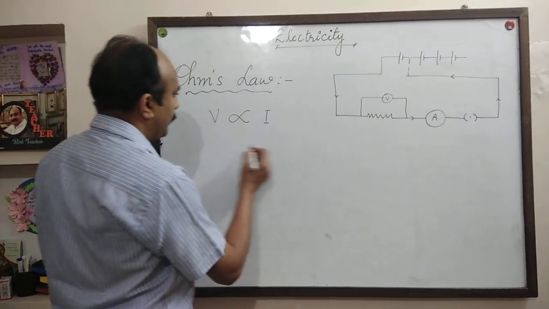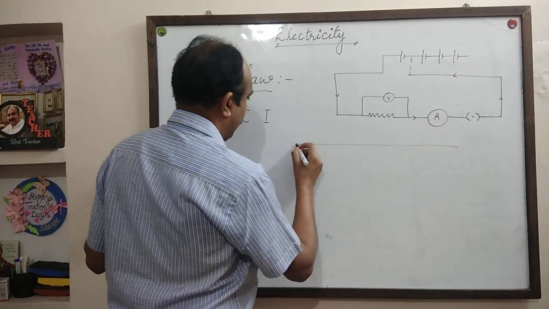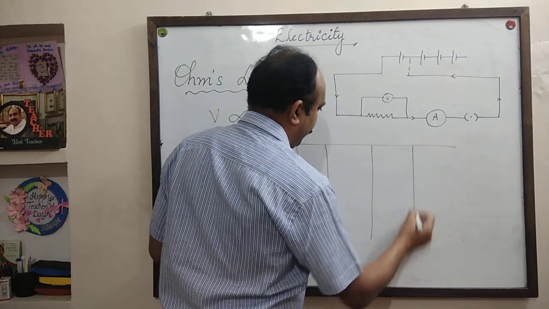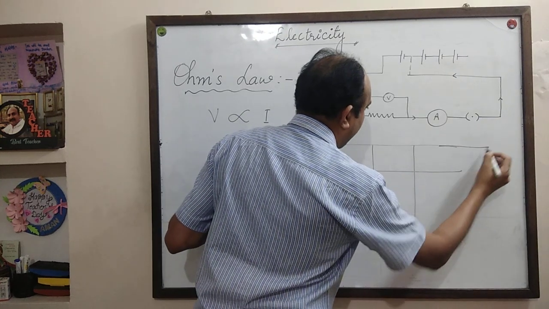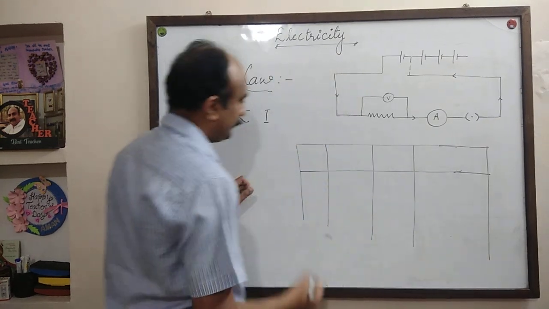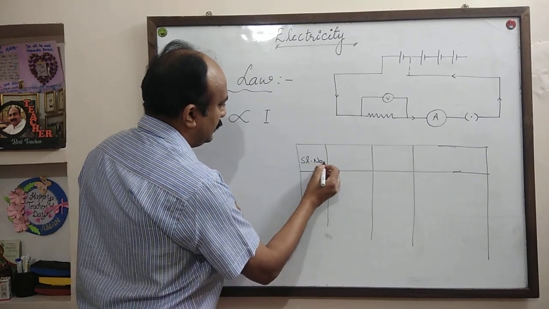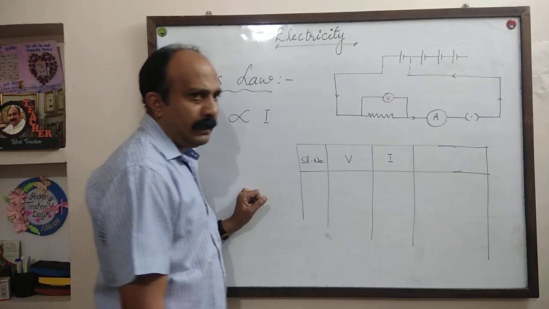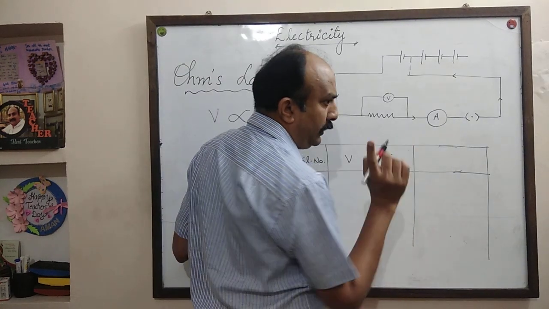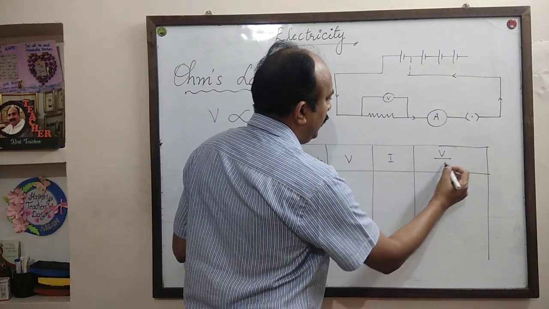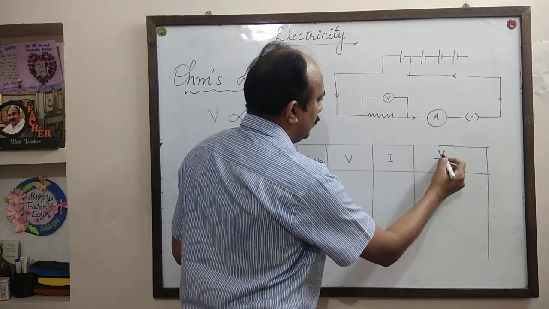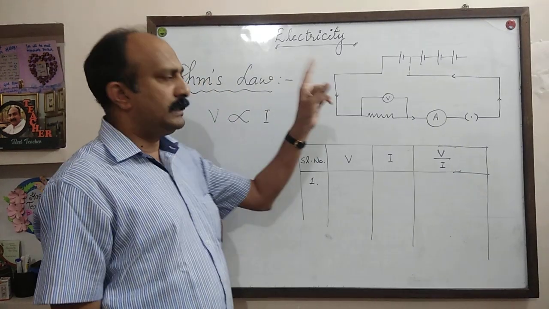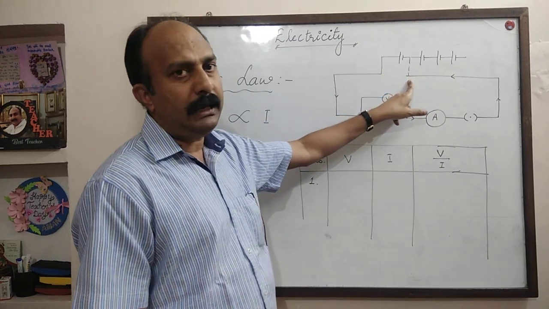Say for example, serial number, potential difference V, electric current I, and in the third column I am calculating V upon I. In serial number 1, as we begin this activity, we have connected one cell into the circuit.